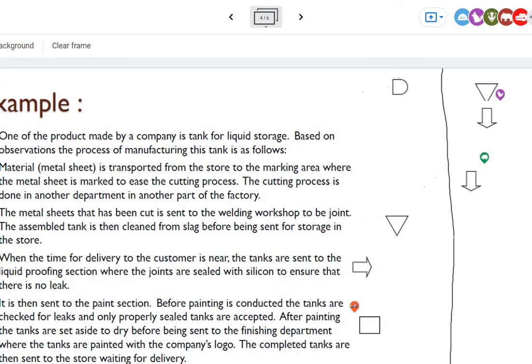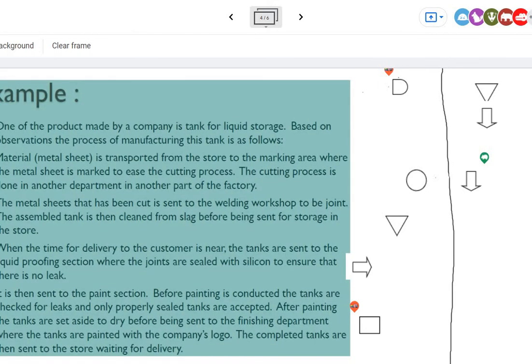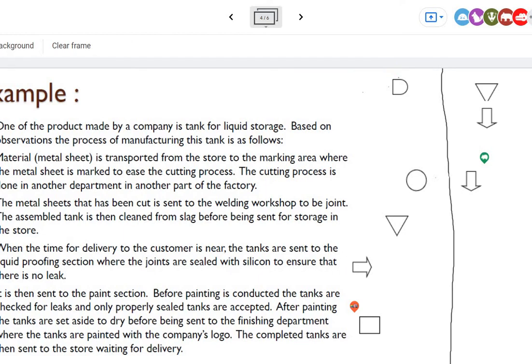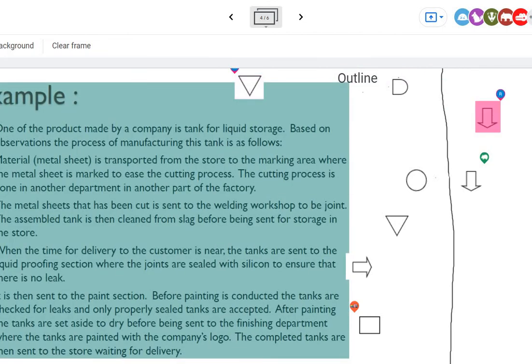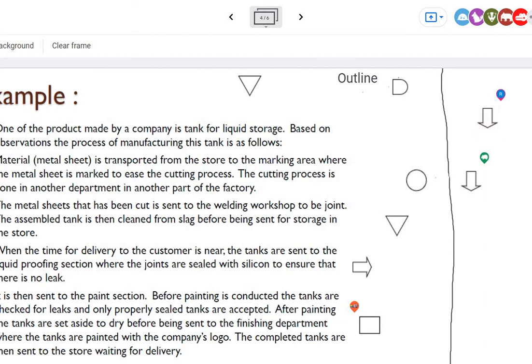Easier. Operation process chart, the outline? Flowchart. Okay, I put here, this one is outline first. Put it here. Attendance like this then. It is in the form of outline and operation.